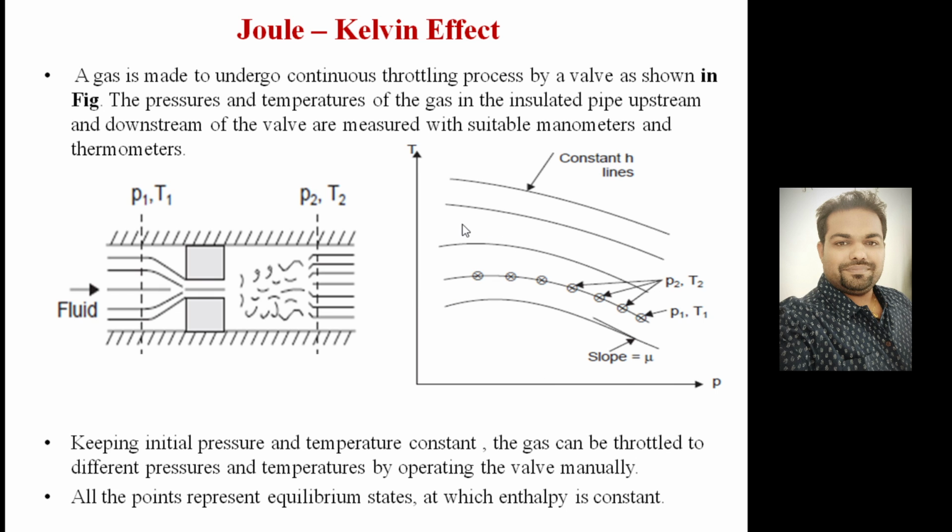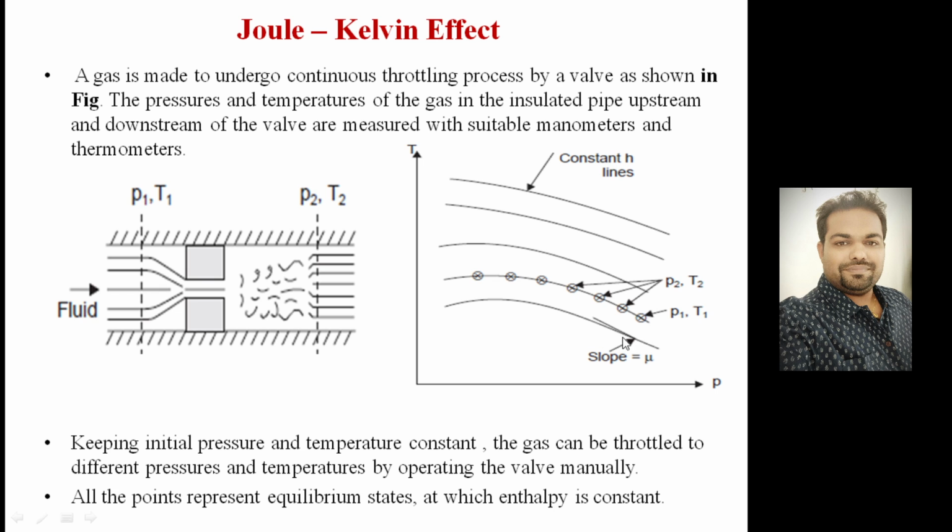If I increase the initial temperature, this curve will be almost flat. These lines are approximately constant enthalpy lines, and if I increase the initial temperature, these curves will become flat.